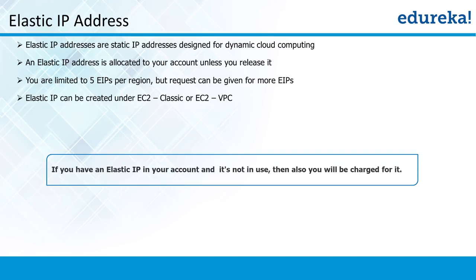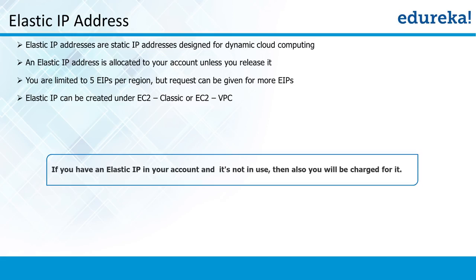Okay, one important thing: if you don't use the elastic IP, then there is a cost. Remember, if you don't use it, there's a cost. If you use it, there's no cost. The reason for that is they don't want people to hoard elastic IP addresses, so they've introduced a little bit of a disincentive, a little bit of a penalty for hoarding elastic IP addresses.